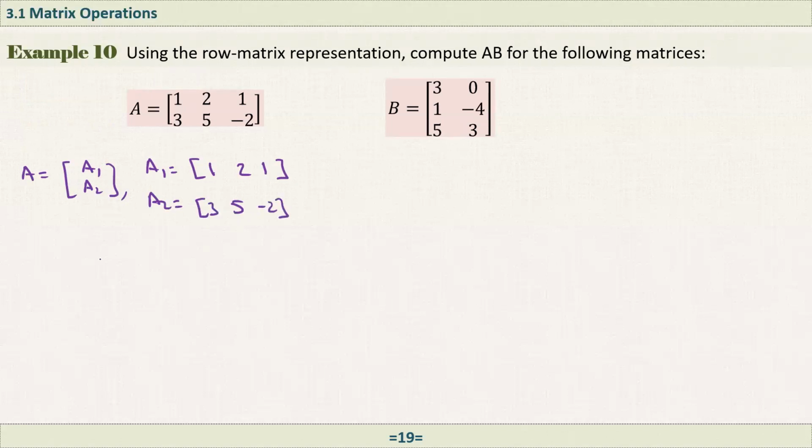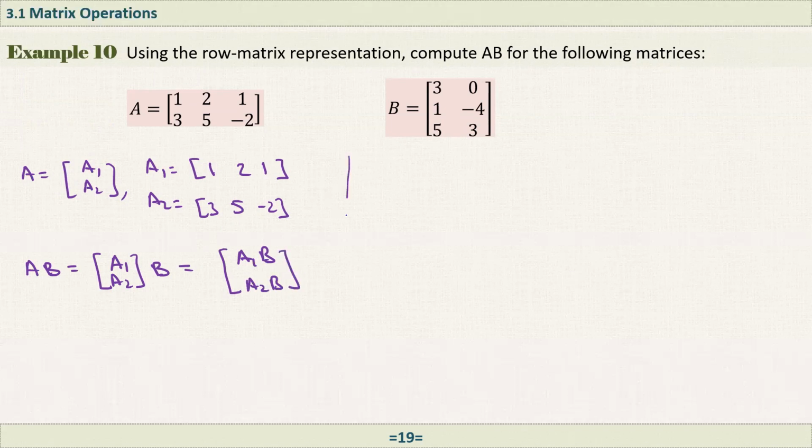If you multiply A times B, that's A1, A2 multiplied by matrix B, so that's equal to A1B and A2B. To write these, we should multiply A1 by B and A2 by B.